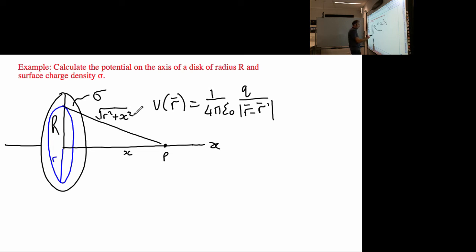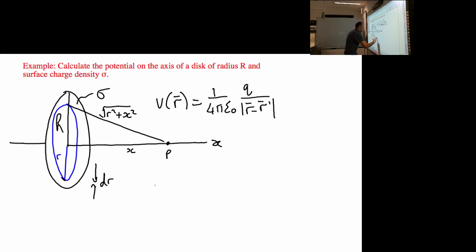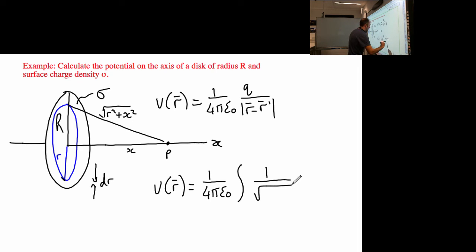Now, the ring is also going to have a certain thickness, which is given by dr. We're going to divide the charge up on this ring, and the charge in the ring is given by dq. So our potential now is V of r equal to 1 over 4 pi epsilon naught times the integral of 1 over the square root of r squared plus x squared, dq.